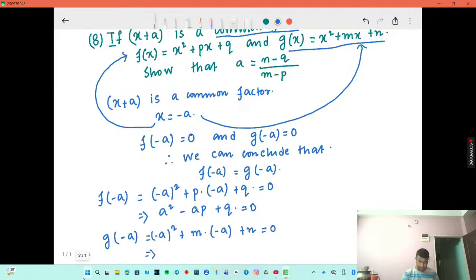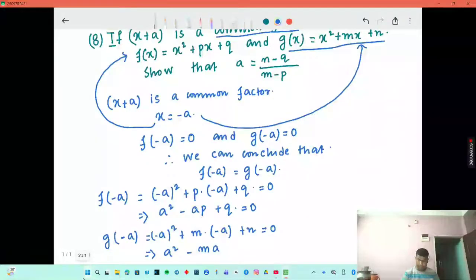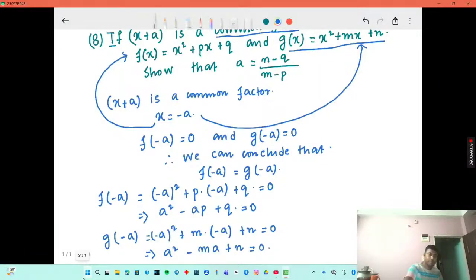So a squared minus ma plus n is equal to 0.